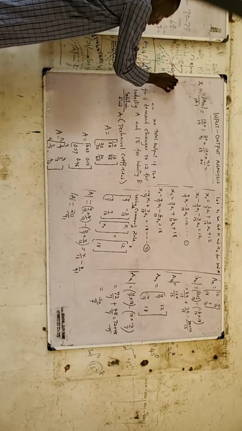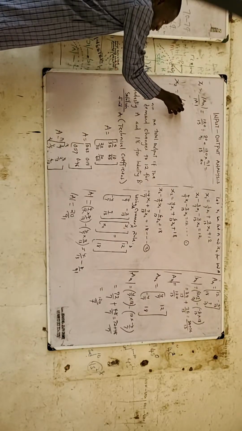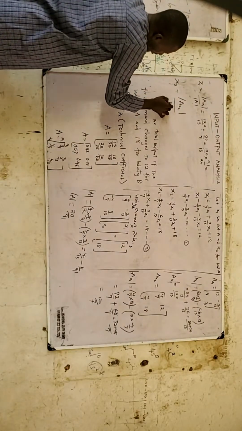Then x2 is equal to the determinant of AX2 divided by the original determinant.